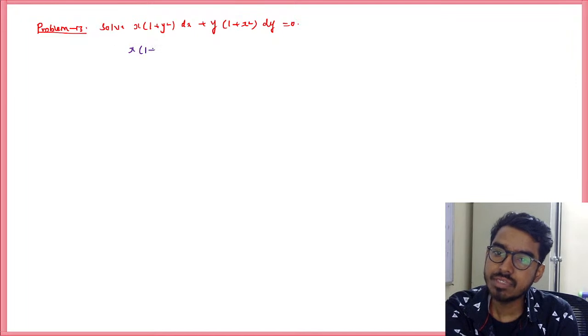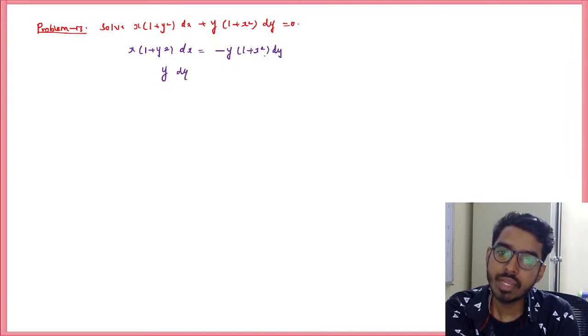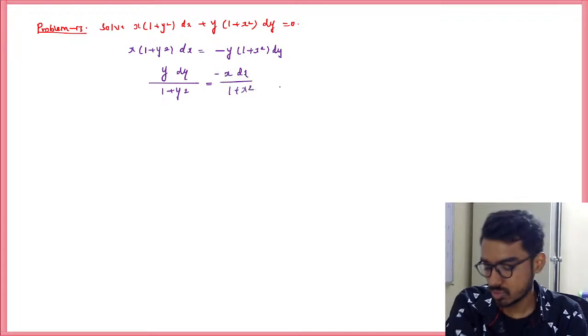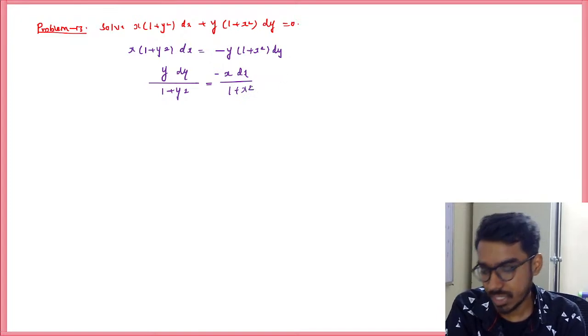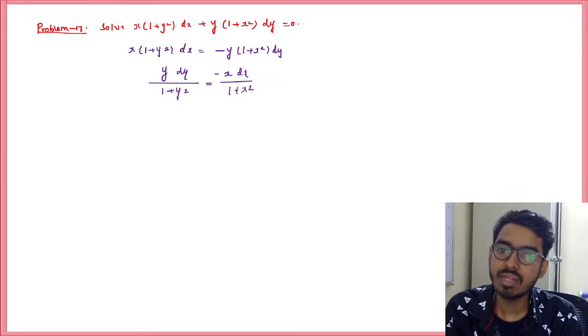So we have x into 1 plus y square dx is equal to minus y into 1 plus x square dy. Let us take this y dy. Let's bring this 1 plus y square here. And let us keep this x dx. And we will bring this 1 plus x square here, right? So we have minus y dy by 1 plus y square, x dx by 1 plus x square.